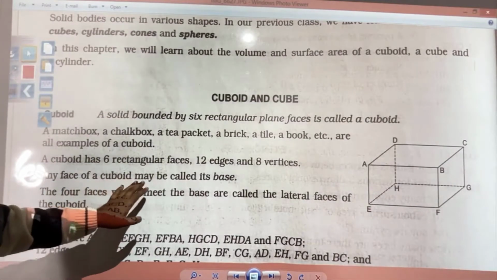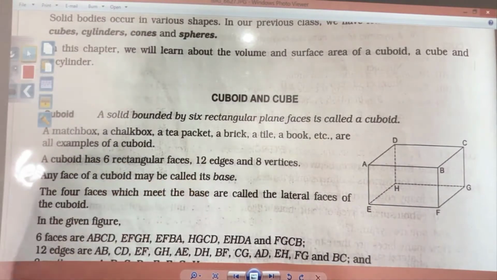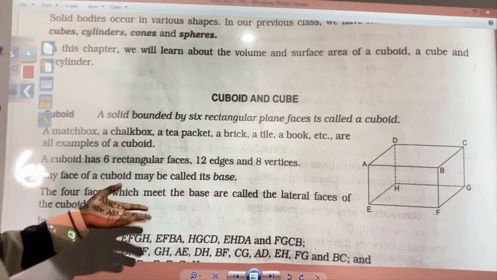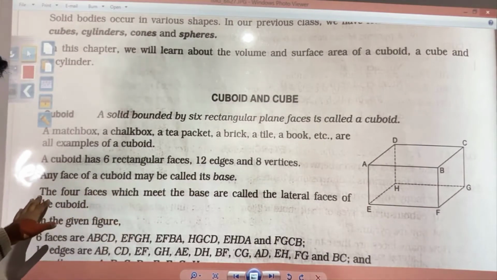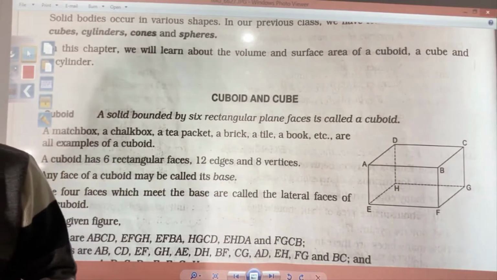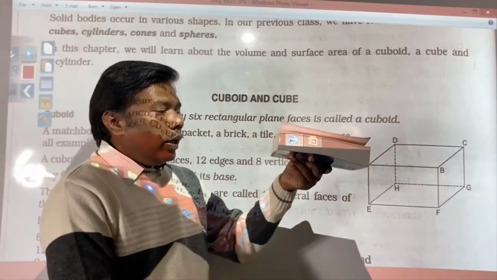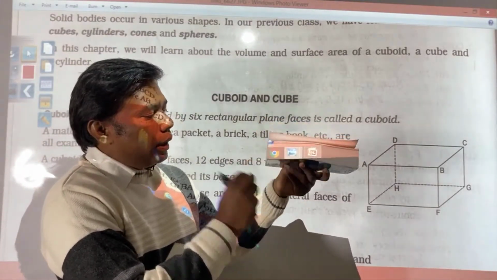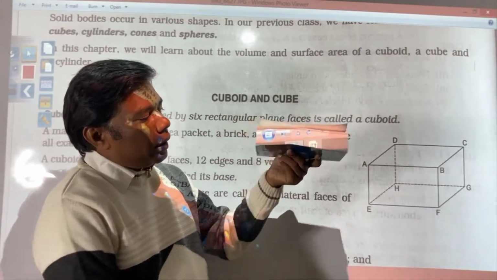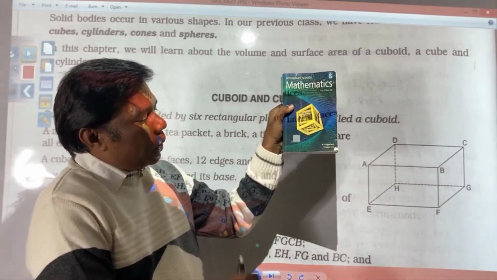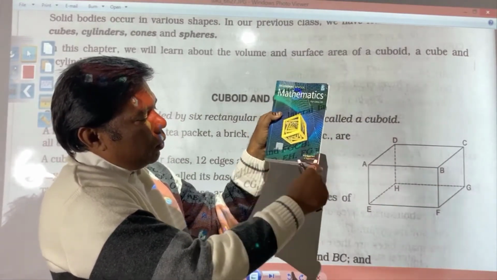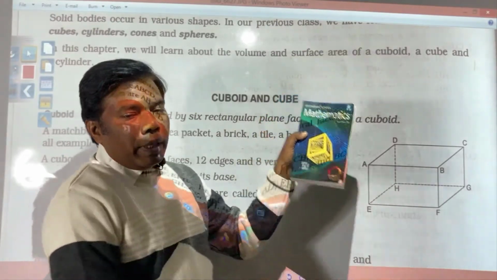Any face of a cuboid may be called its base. Suppose you are keeping your book in this way, then this will be called your base. If you are keeping your book in this way, then this face will be called its base.